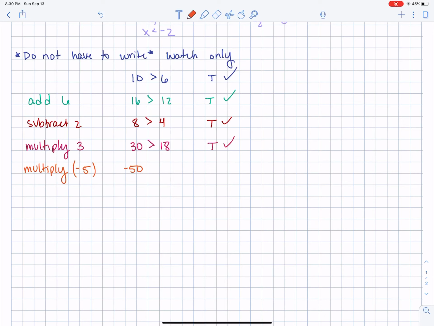And 6 times negative 5, that's negative 30. But negative 50 is not greater than negative 30. This now turns into false. It doesn't work. So keep that in the back of your mind, that when we multiplied by a negative, we got a false statement.